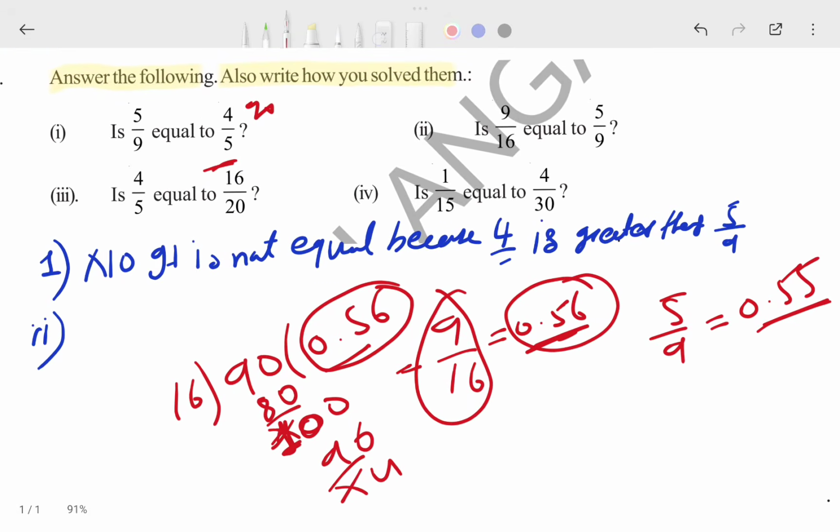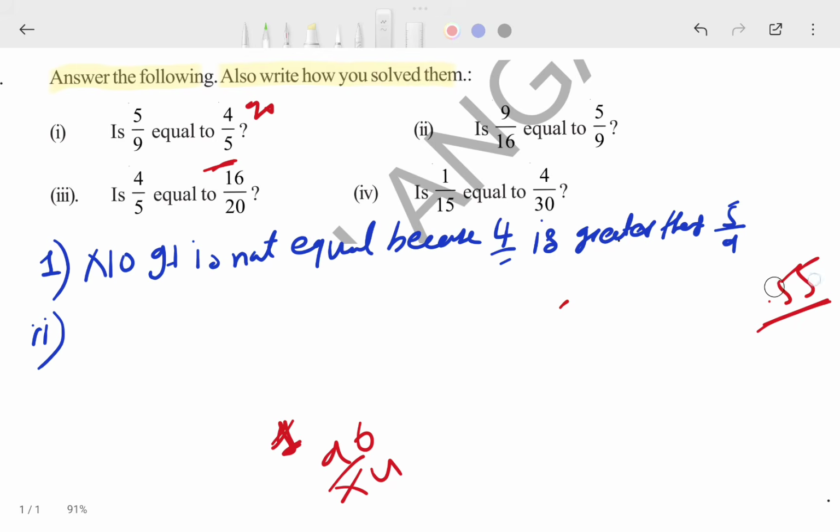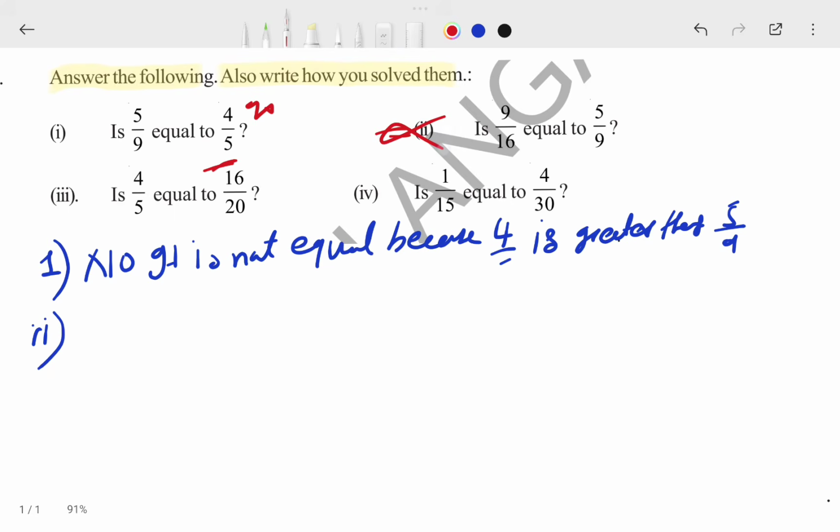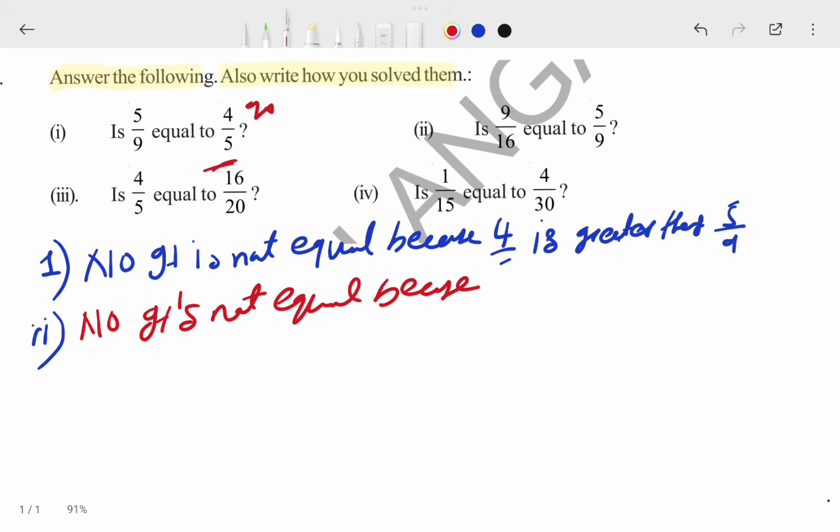Now we understand these two things here. First, we understand that they are not equal. So you can write, no, it's not equal. Let me just correct this one, this is going to be 5.